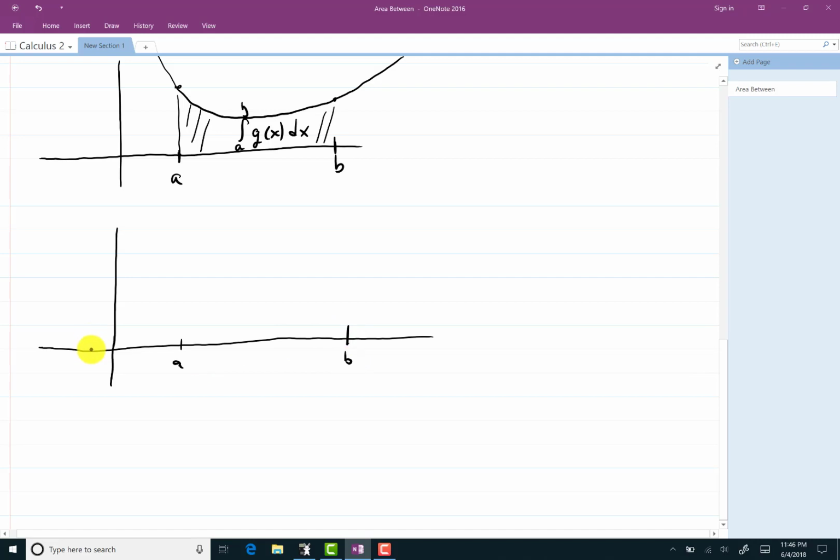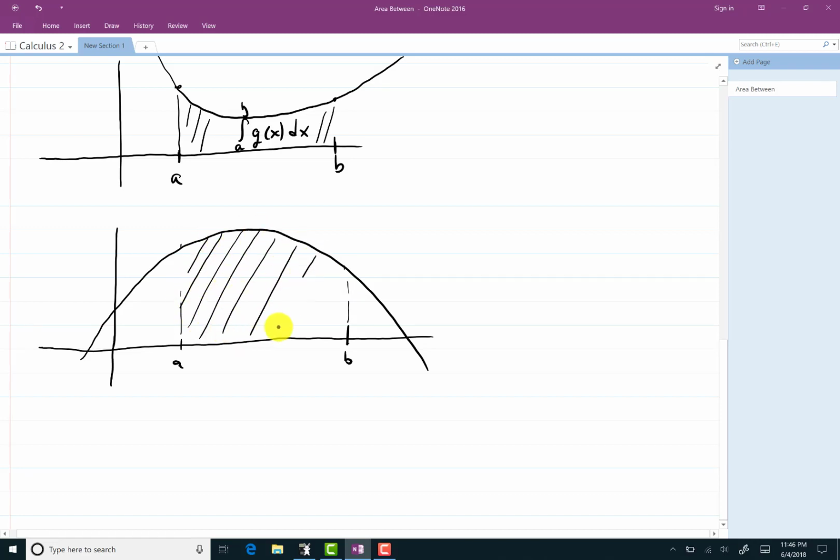Let's start with f of x again. What I'm going to do with it, the integral here, the area, let's call this a1. I'm going to need to keep track of these things.